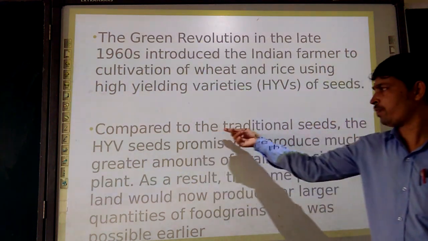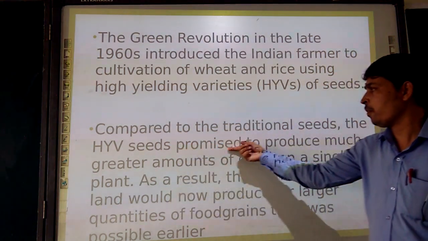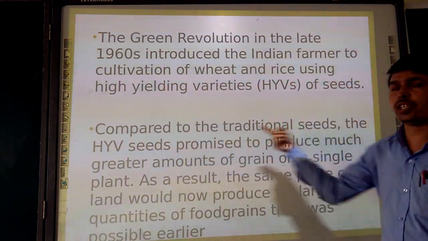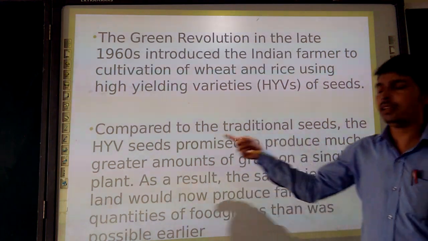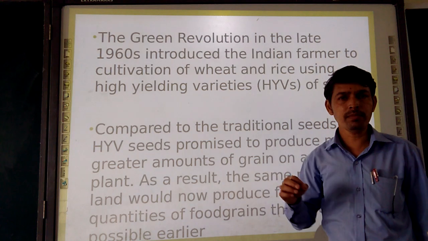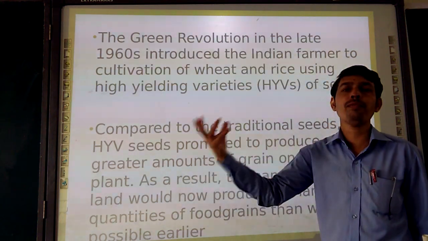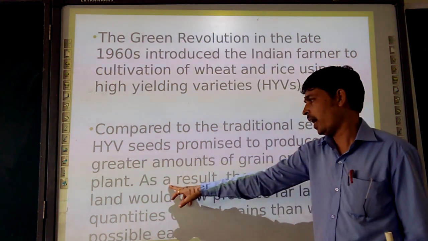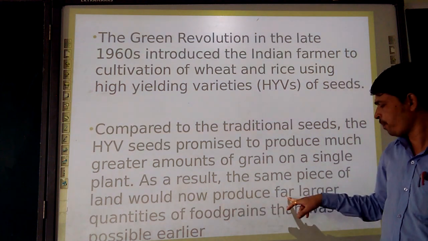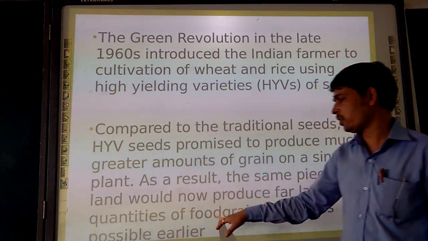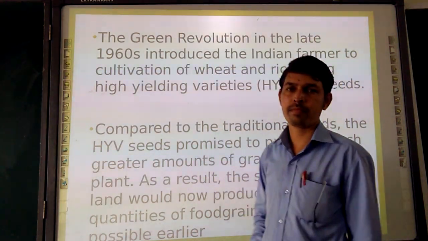Next, compared to the traditional seed, the HYV seeds promise to produce a much greater amount of grain on a single plant. So on a single plant, it is going to grow more food grains. As a result, the same piece of land would now produce far larger quantities of food grains than was possible earlier.